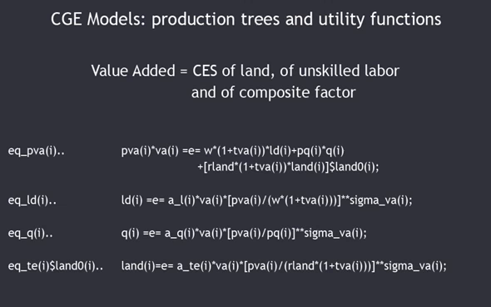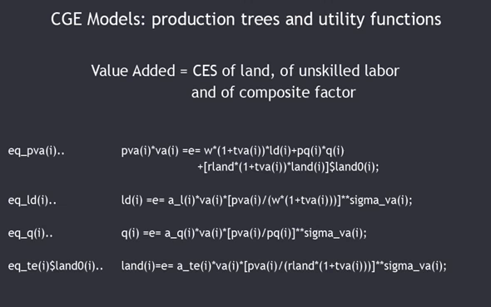So for example, we have LD in sector I over VA in sector I is equal to A_L in sector I times PVA in sector I over W times 1 plus TVA in sector I. So this ratio at the power sigma_VA in sector I.